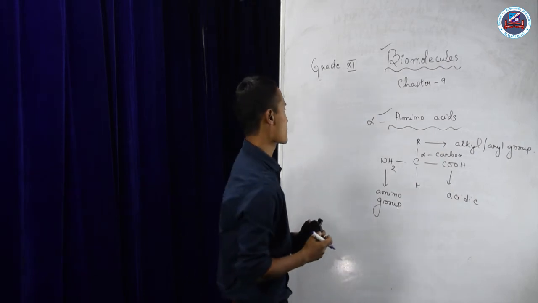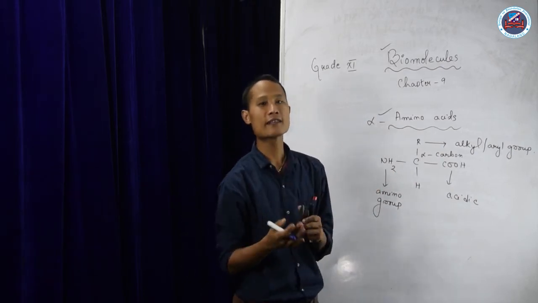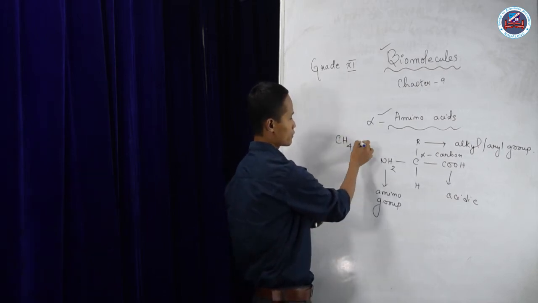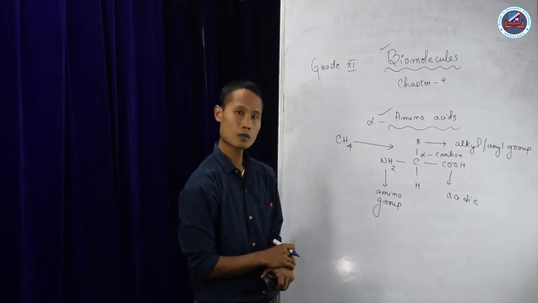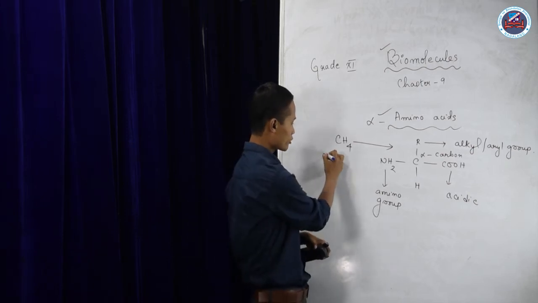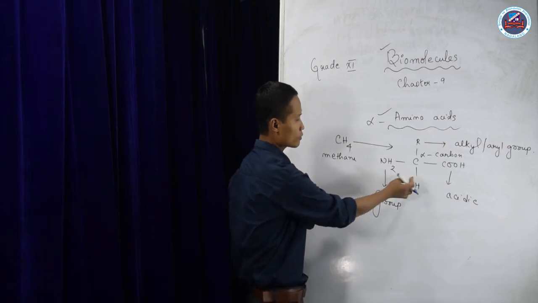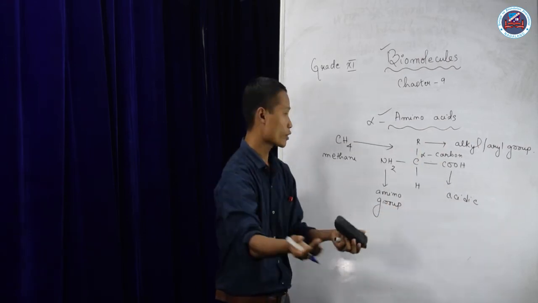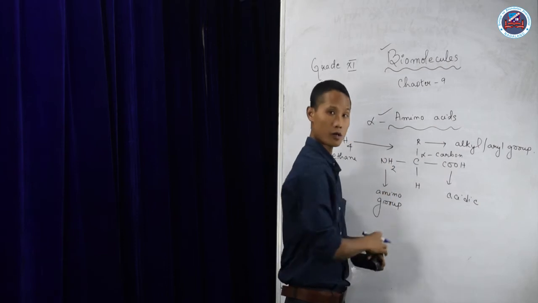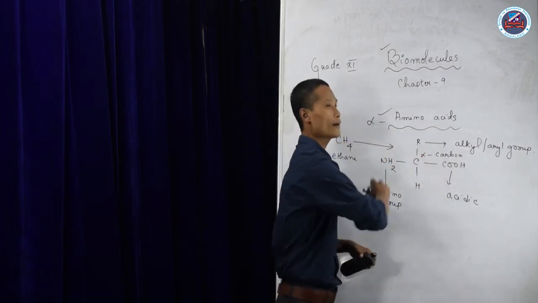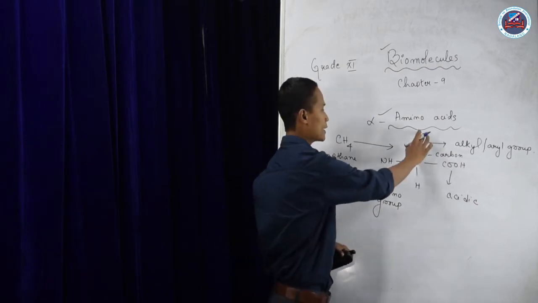These are actually derivatives of methane. For example, methane is CH4, carbon number 1. From methane, you take out 3 hydrogens, and we introduce a carboxylic group, we introduce an amino group, and then we get an amino acid, and R is an alkyl group.